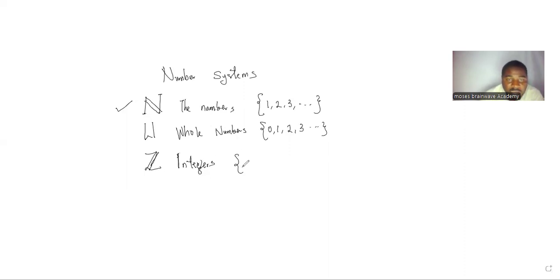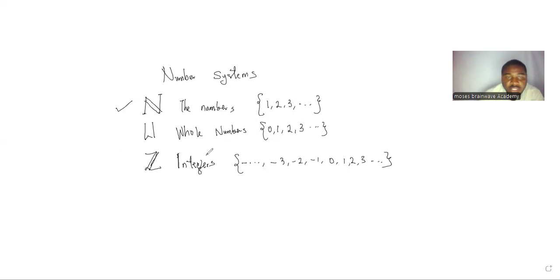Integers are this set of numbers, but with negative numbers as well. So I can have from negative infinity up to, let's say, -3, -2, -1, 0, 1, 2, 3, and so on and so forth.